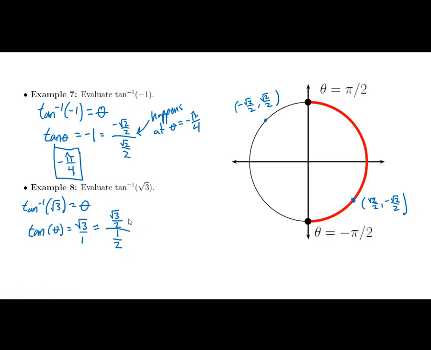When the y value, or the sine, is square root of 3 over 2 and the x is 1/2, that's when I'm right here on the unit circle. That happens when my angle theta is pi over 3. And so that's my answer to what the tangent inverse of the square root of 3 is.